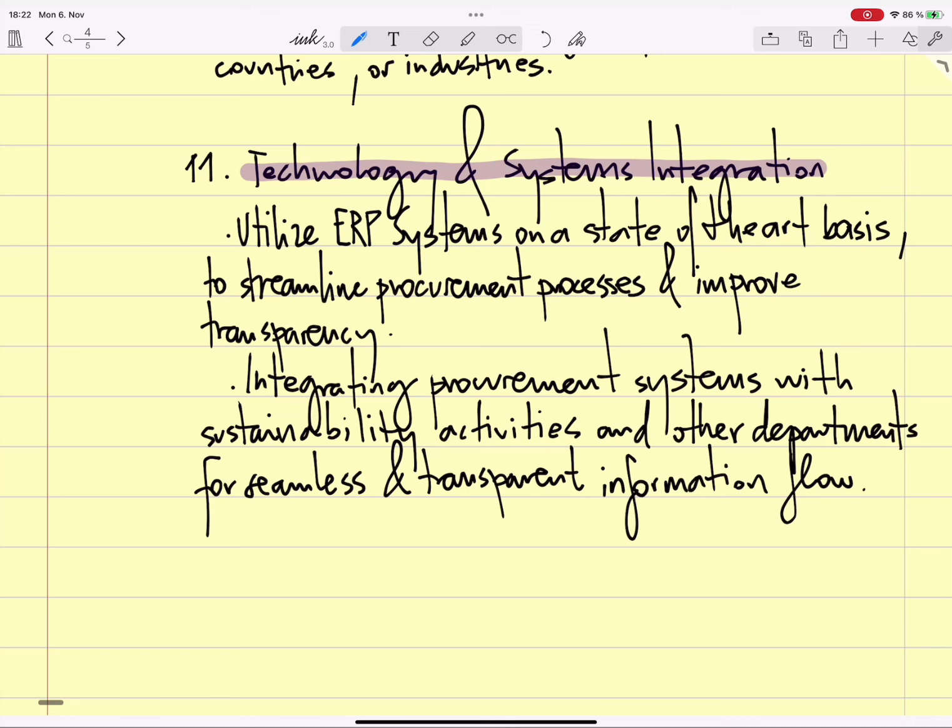Then we continue with number 12. Performance management and key performance indicators.